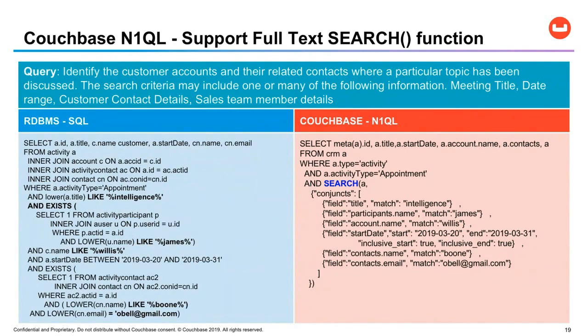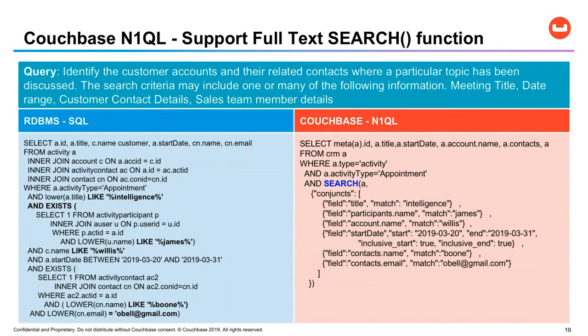So let's consider a simple query search use case. I need to identify the customer account and their related contact where a particular topic has been discussed. The search criteria may include one or many of the following: the meeting title, the date of the meeting, customer contact details, sales team members, etc. To do this with a standard RDBMS, we could write SQL with a number of wildcard searches.